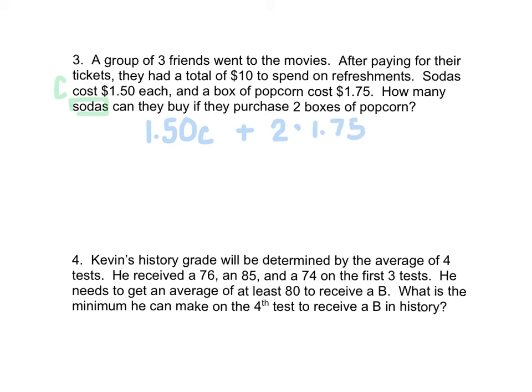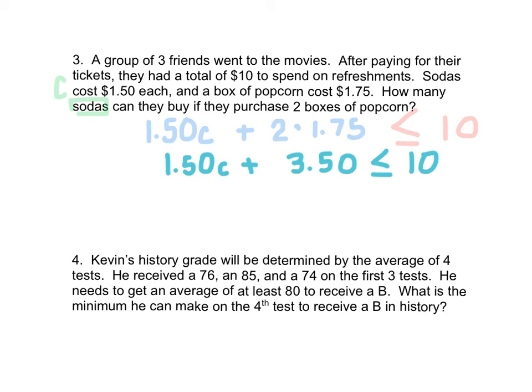Now let's look at our total. Our total is $10. Is the money that we're spending on our refreshments, does it have to be less than, greater than, or something else? When you have a budget, you want to spend less than or equal to your budget.